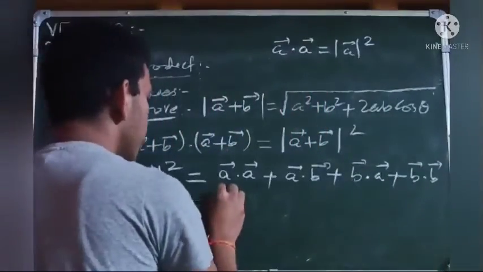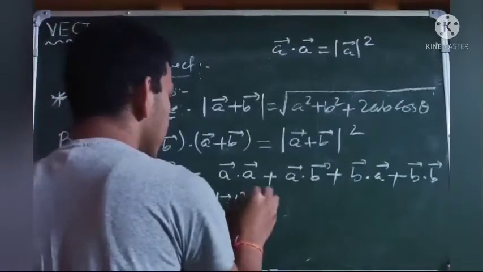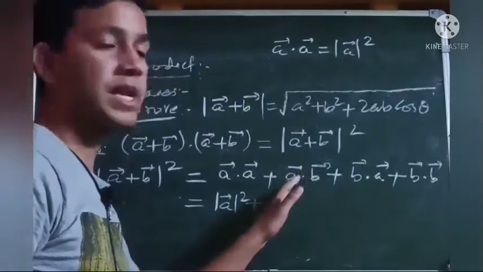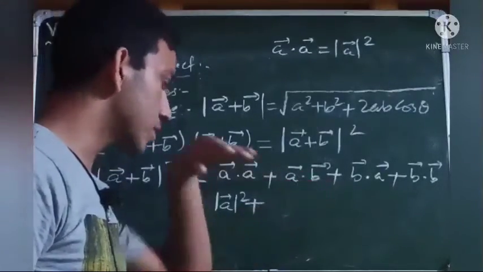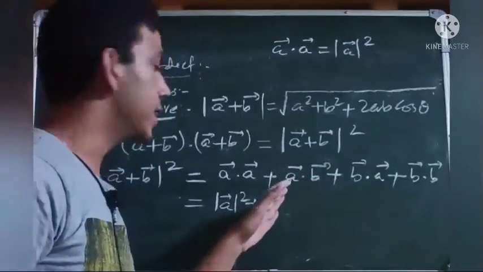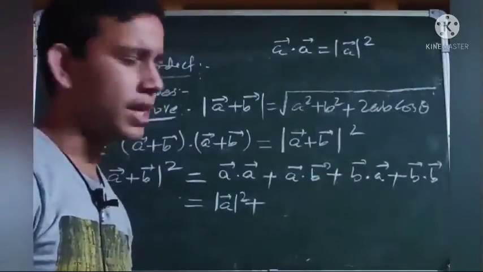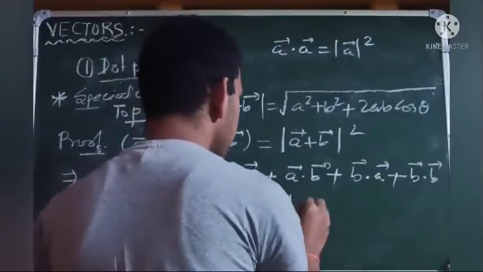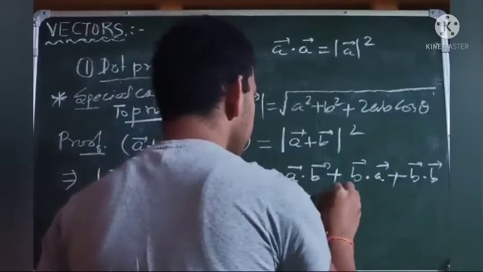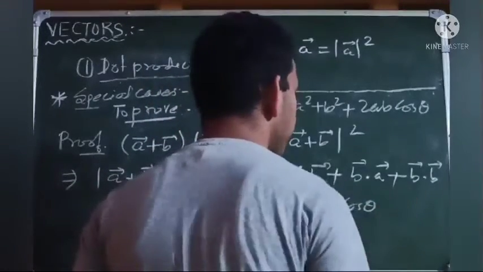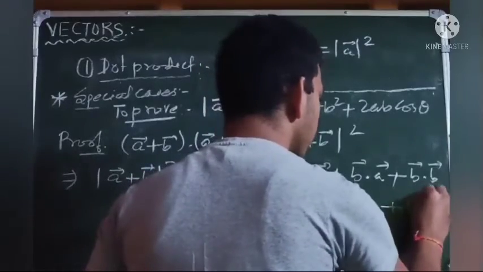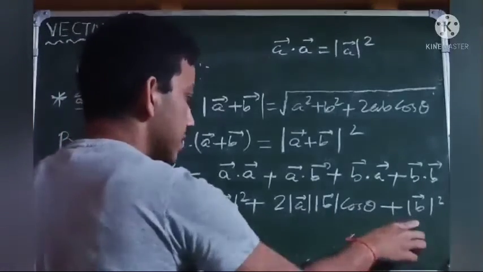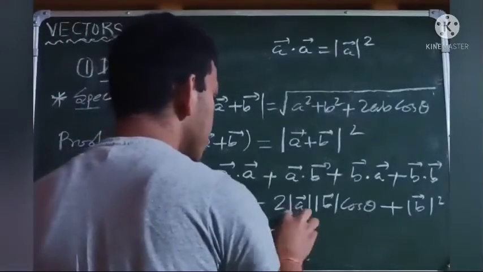Now, a dot a is going to be magnitude of a whole square, plus a dot b is going to be magnitude of a, magnitude of b multiplied with cos of the angle between them, cos theta, and we have already learned that a dot b is equal to b dot a. So we can write 2 times a dot b, and we can write it as ab cos theta, plus mod b square, or simply we can write it as a square plus b square plus 2ab cos theta.